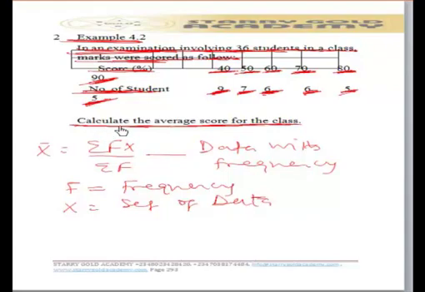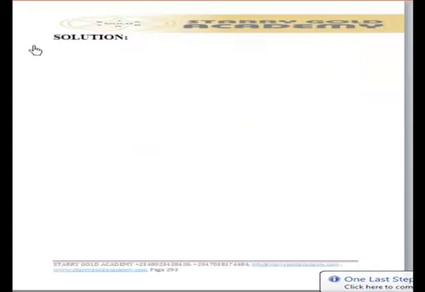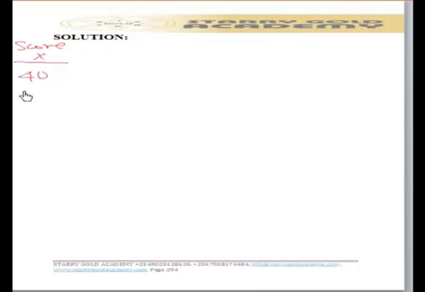To do this, it is always convenient to present our solution of this type in a tabular form so as to achieve clarity and accuracy. The score represents our x, and based on what is given, we have 40, 50, 60, 70, 80, 90.